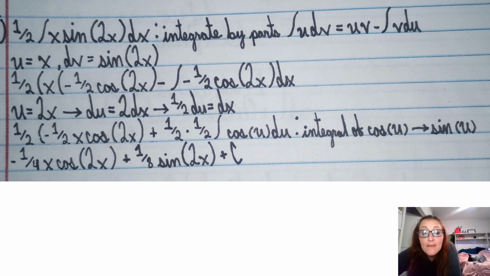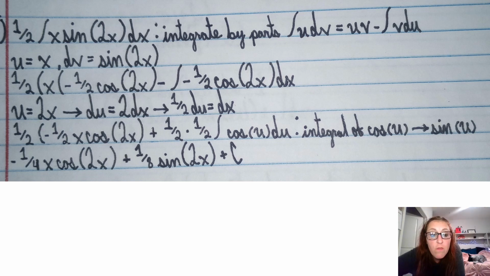1/2 integral x sine 2x dx. Integrate by parts. Integral u dv equals uv minus integral v du. Let u equal x and dv equals sine 2x. 1/2 times x times negative 1/2 cosine 2x minus integral negative 1/2 cosine 2x dx.